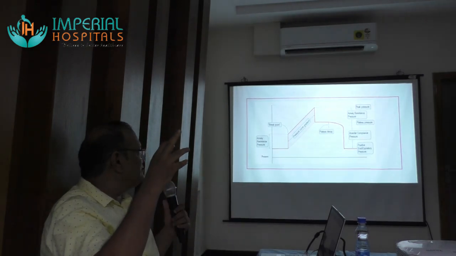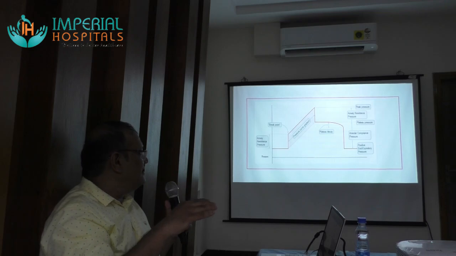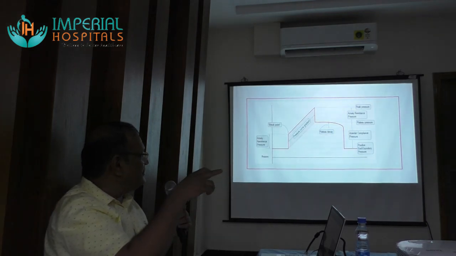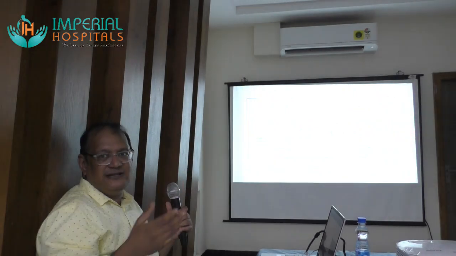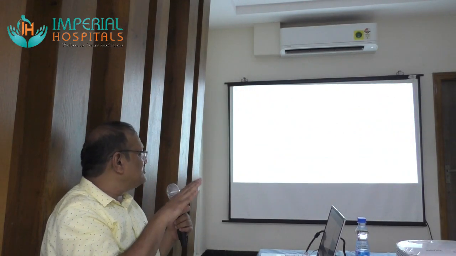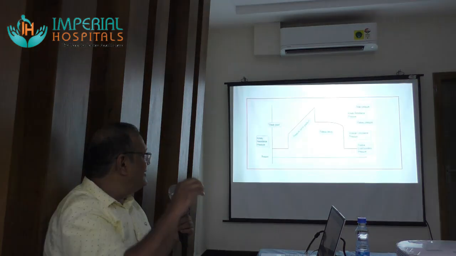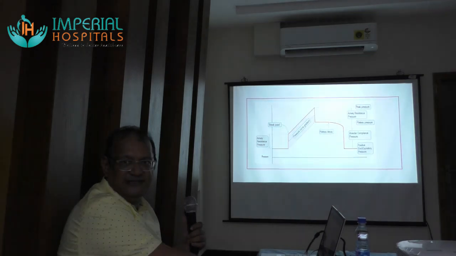It will reach a peak pressure, then you'll see a fall in the pressure, and you'll see a plateau phase, and where the plateau phase ends is where the inspiration ends, right? So this is time cycled, meaning at the end of 1 second, the ventilator will stop giving the breath, and then you'll see a sharp fall in the pressure. This is during the expiratory phase.